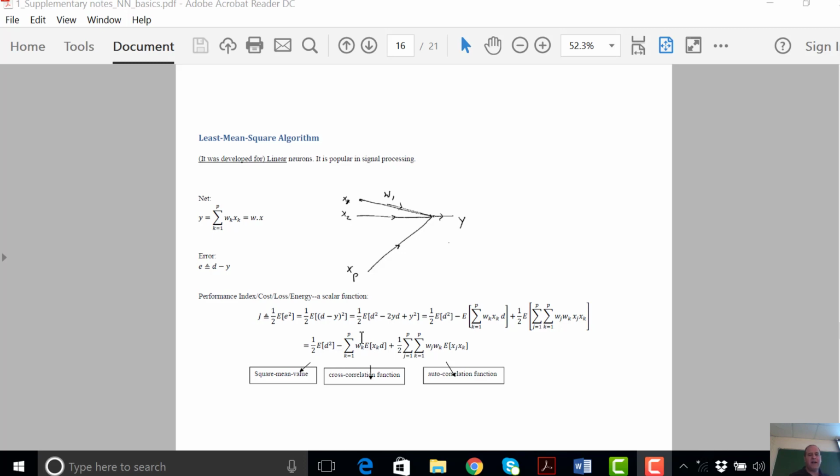And then we have another term here, which is the expected value of x sub k d, which is statistically referred to as the cross correlation function between the signal at the output d and the element of the input x sub k. And here's the autocorrelation, which is basically autocorrelation among the inputs. Any questions here?